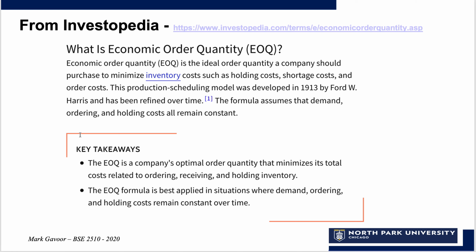So in other words, the demand doesn't change in a year, the cost to order doesn't change over the year, and the holding costs remain constant for that whole year. The EOQ, or Q star, is the company's optimal order quantity that minimizes its total cost related to ordering, receiving, and holding inventory. The formula is applied in situations where demand, ordering, and holding costs remain constant over time, as we've discussed.